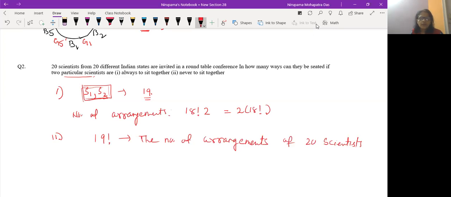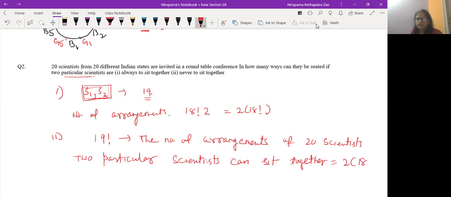Now in how many ways can the two particular scientists sit together? That is equal to, just now we found out, 2 into factorial 18 ways.